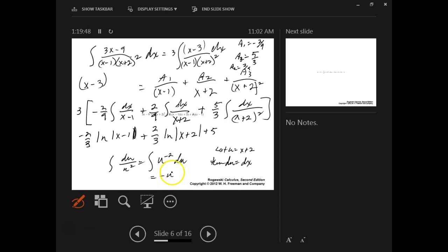Okay, I got it now. And that's why I put the minus in front.